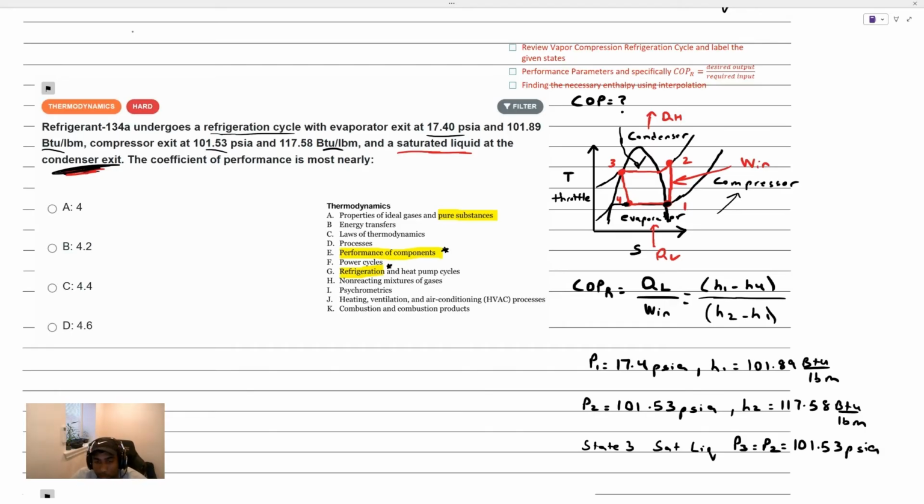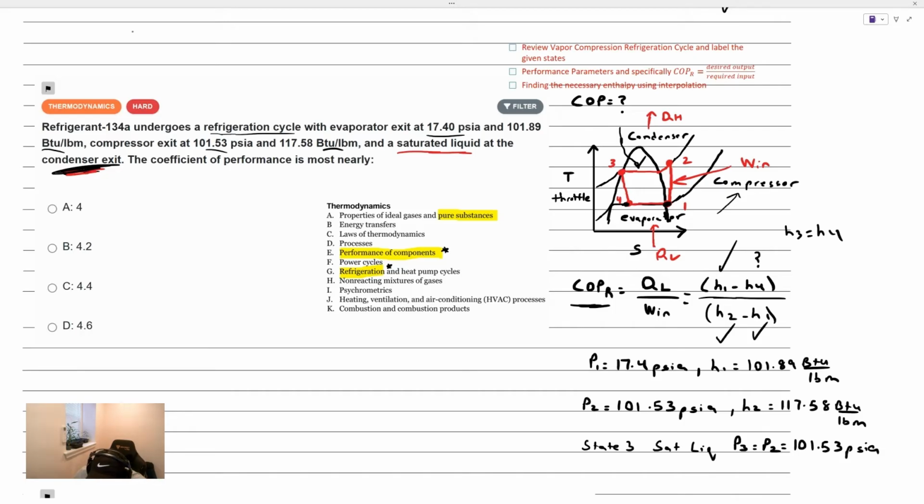Okay, if we're able to find the coefficient of performance here, then we solve the problem. We know the enthalpy at state point 1, it was given. The enthalpy at state point 2, we also know. The only thing that's unknown is the enthalpy at state point 4, and we know that in the throttle, a constant enthalpy process occurs, so H3 is equal to H4.